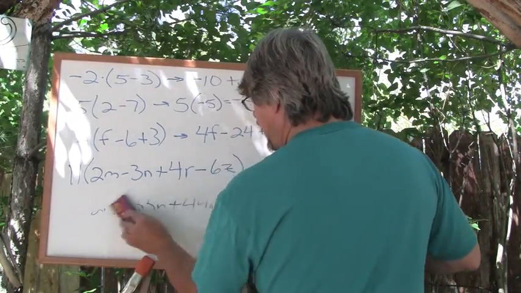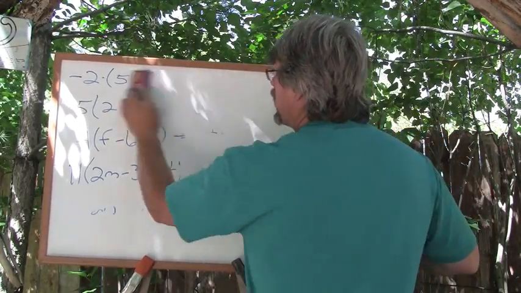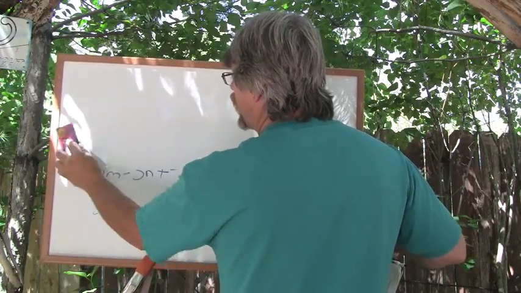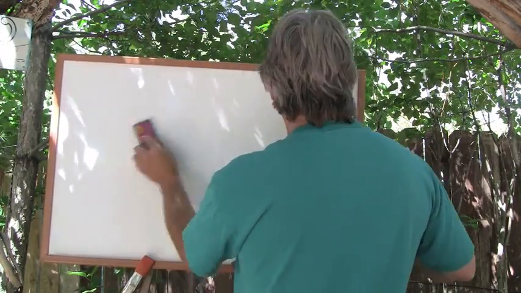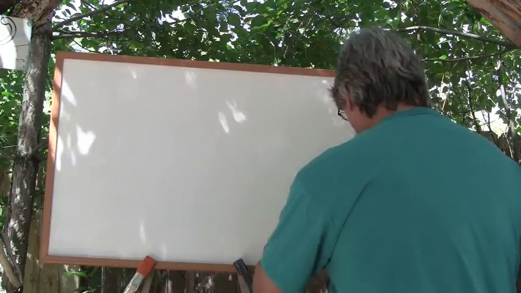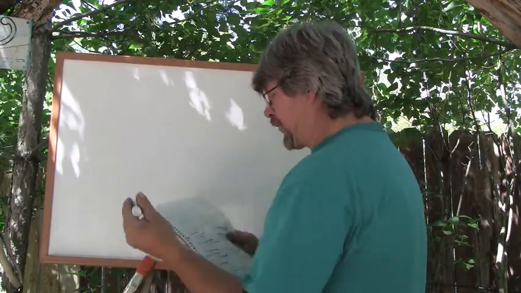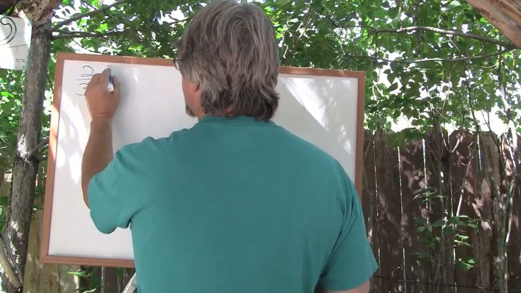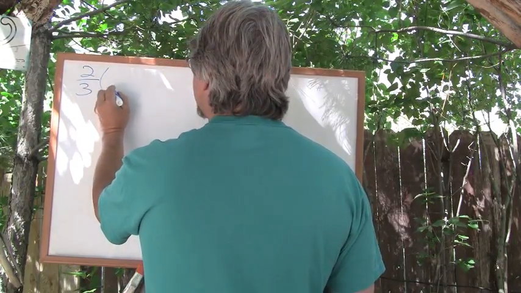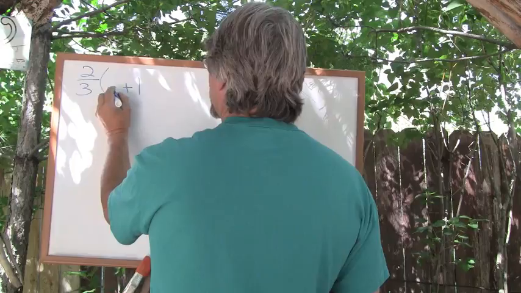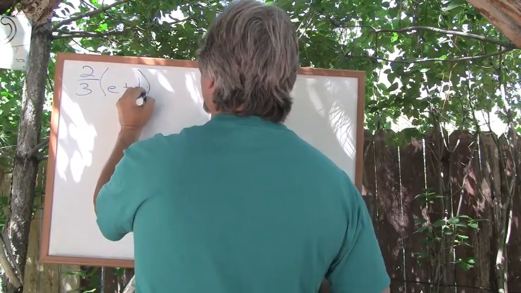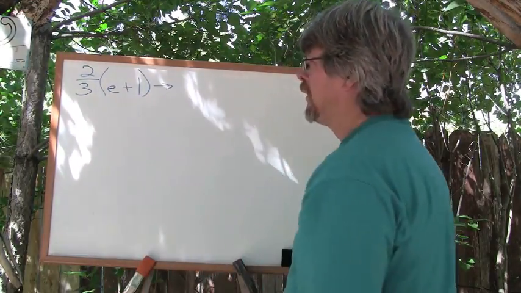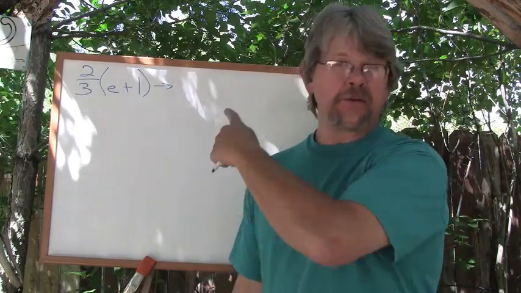It works the same way when we have to deal, and we will have to deal, I guarantee you, with fractions. Let me show you a fraction. We have 2/3 times e plus 1. You go, really? Well, after seeing those last few, this is a piece of cake.